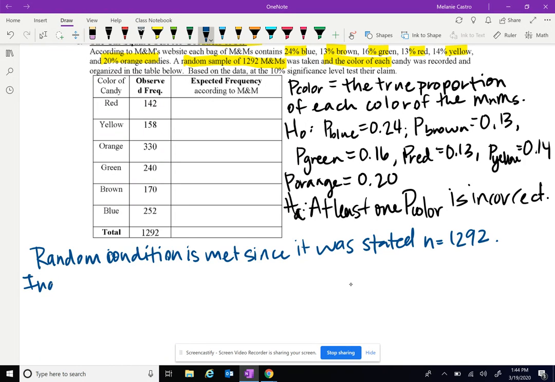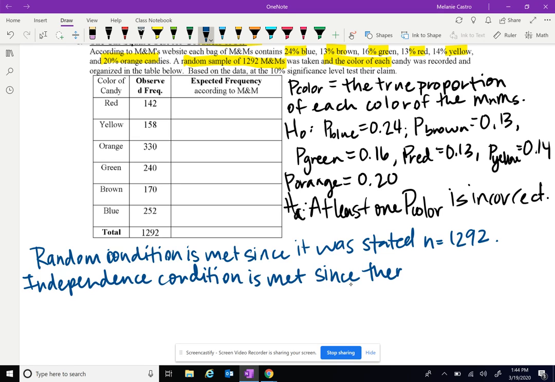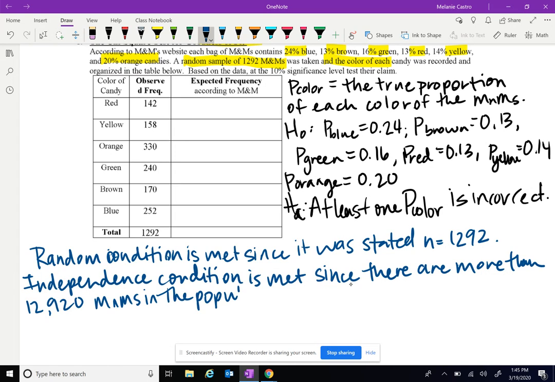Our independence condition is met, since the population is large. Our little 10% rule. We can sample without replacement.